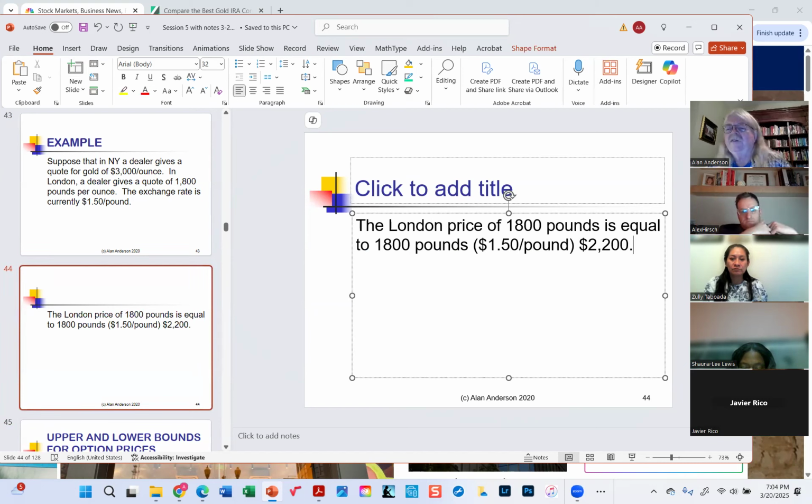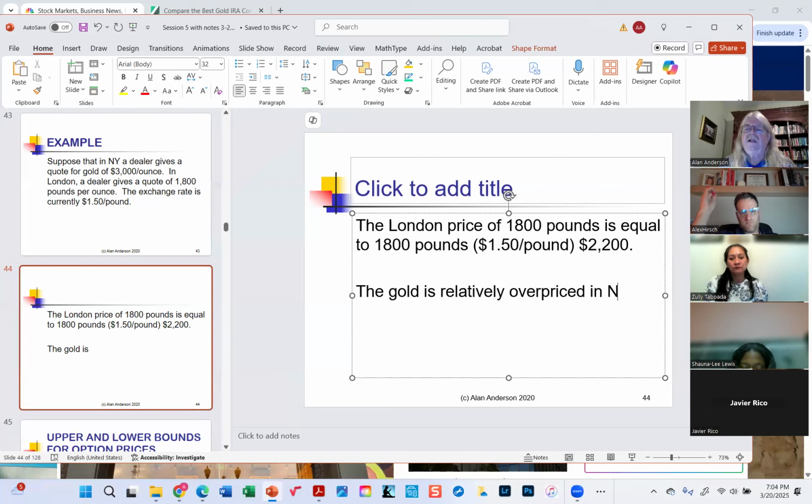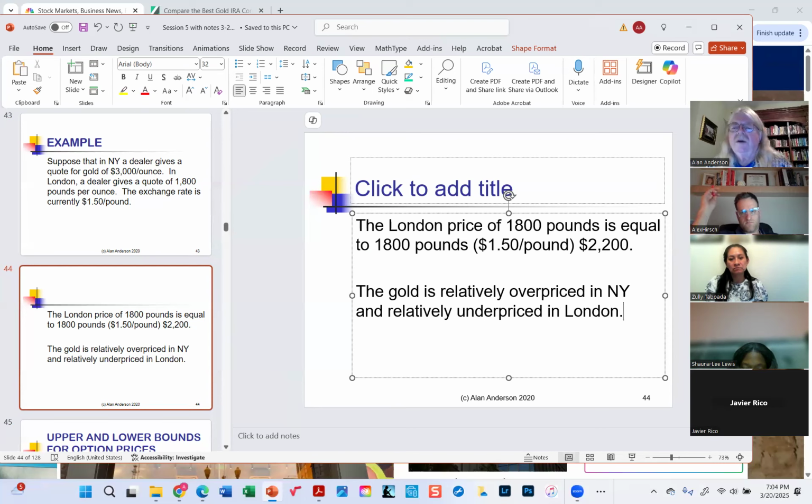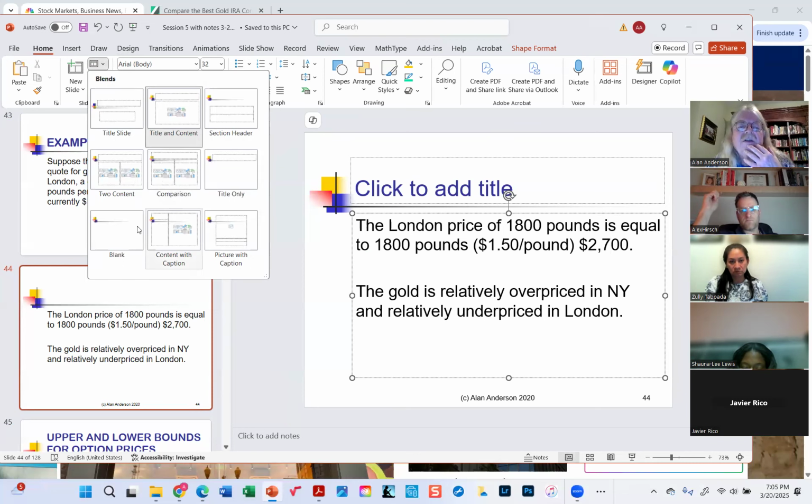All right, well, it wouldn't be that far off, but let's just say this is what we discover. So in other words, the gold is overpriced in New York, relatively overpriced, and relatively underpriced in London. They're only asking 2,200. Oh wait, that's not right. That's 2,700. Sorry, no wonder it seemed way off. Okay, it's still a huge discrepancy, but before it was a bit ridiculous.